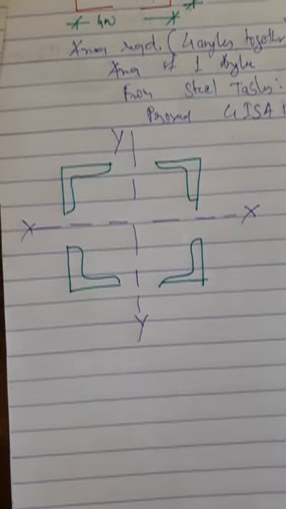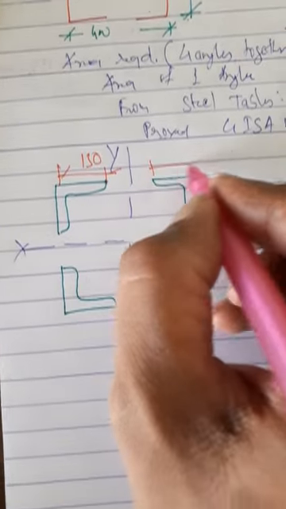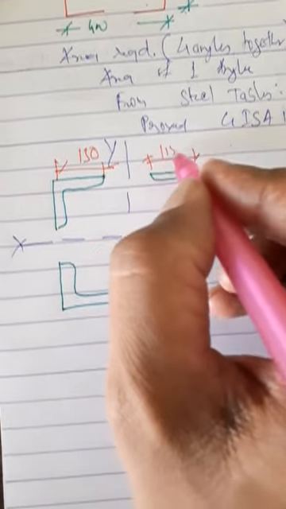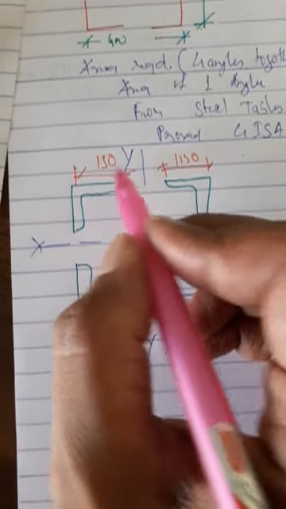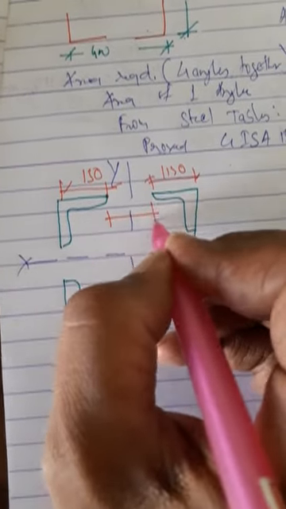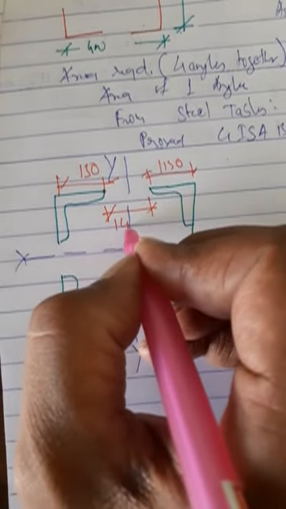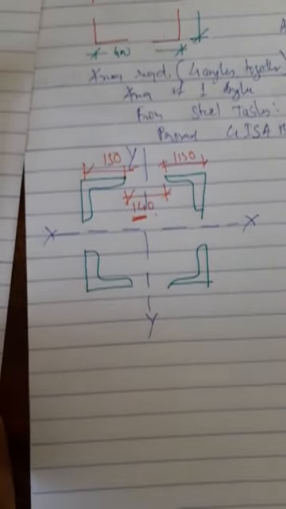Now from steel table get these values. This dimension is 130, this is 130, and this whole outside to outside is 400. So 400 minus 130 minus 130, you are left with 140 mm. 140 is the spacing. Compulsorily you have to provide this much.